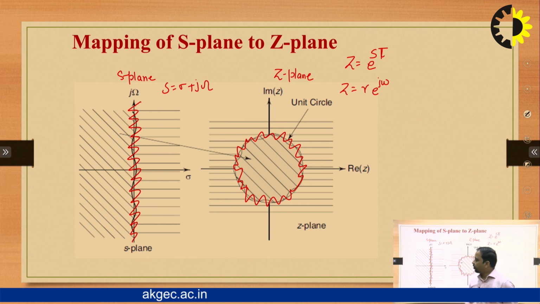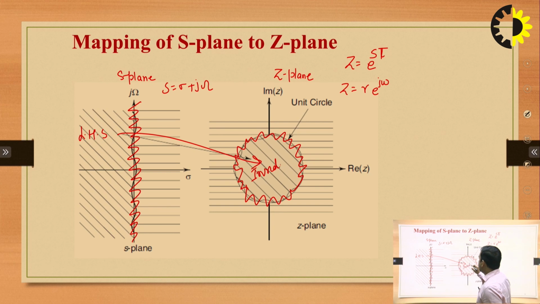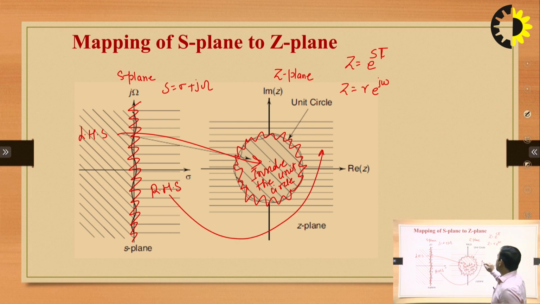This is the first point. Next, the left hand side of the S plane is mapped inside the unit circle. The right hand side of the S plane is mapped outside the unit circle.